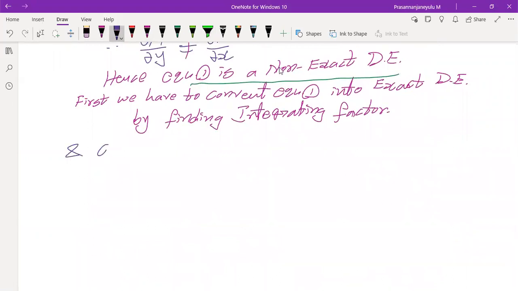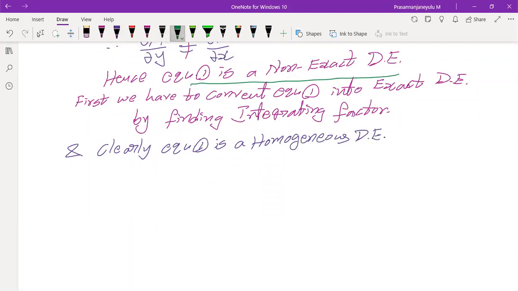Clearly, equation 1 is which type of differential equation? Homogeneous. Homogeneous differential equation. Whenever it is homogeneous and non-exact, then what can we assume?